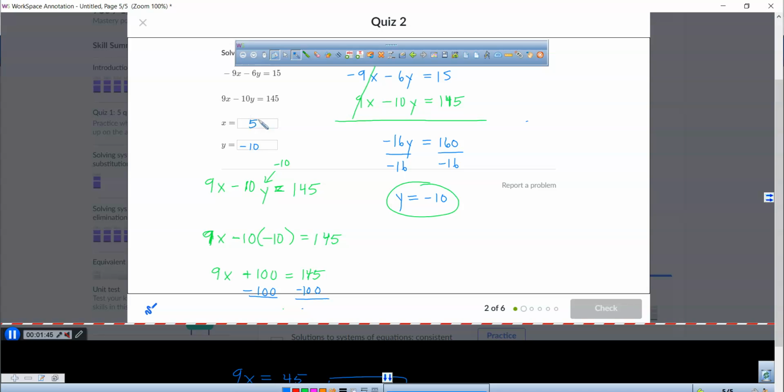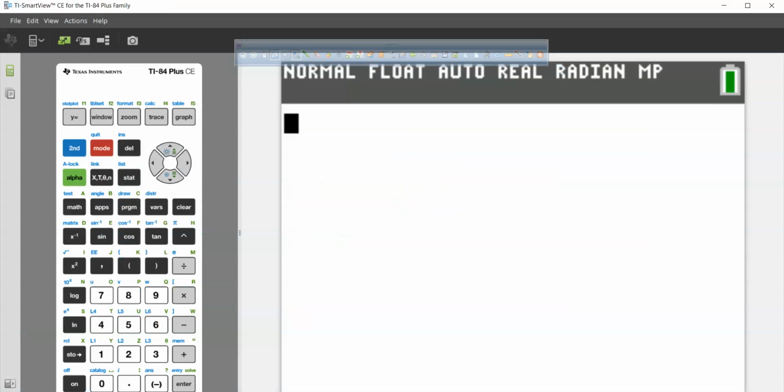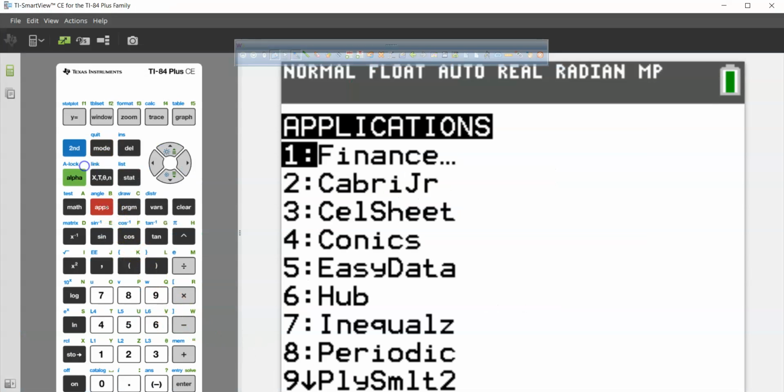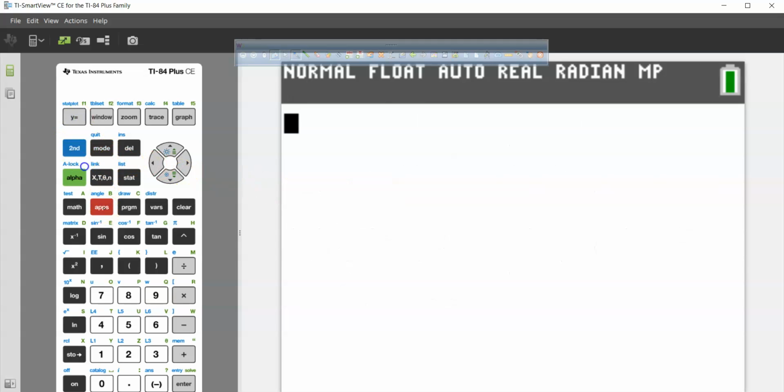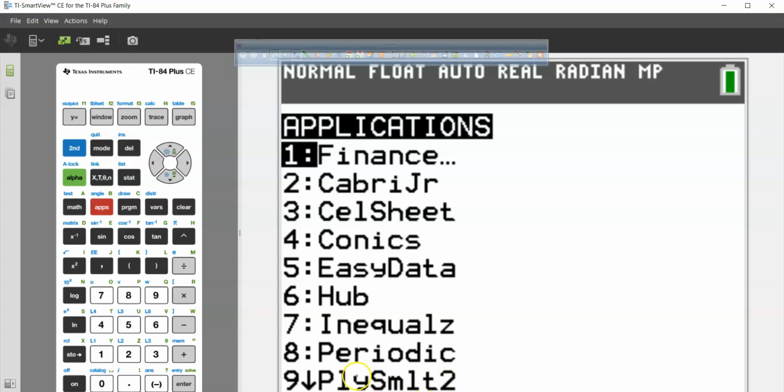Now, I want you guys to go to your app real quick. You guys have written this down, so go to your app. I want you to go down to your simultaneous equation solver. If you're not sure what I did there, I'll do it one more time. You go to apps, you go down to number 9.